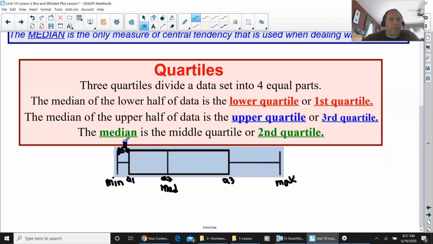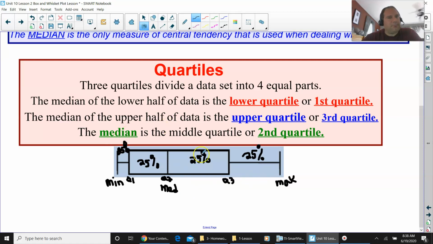From Q1 to Q2 is 25%. From Q2 to Q3 is 25%. And from Q3 to the max is 25%. So no matter how large it is or how small it is, they're quartiles. That's why they're called quartiles. They each include 25% of the data.